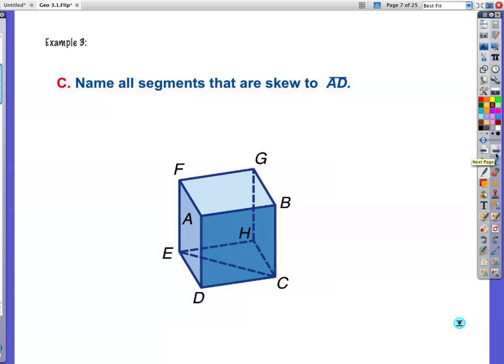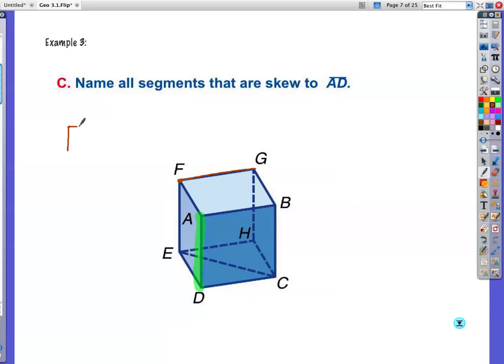Example 3, name all the segments that are skew. And remember, skew means it does not intersect, and it's still not parallel. So AD is right here. And let's see, if it's going to be skew, it's not going to intersect and not be parallel.